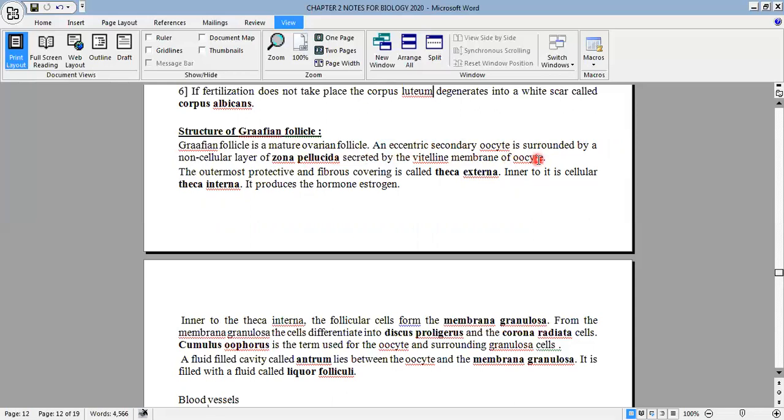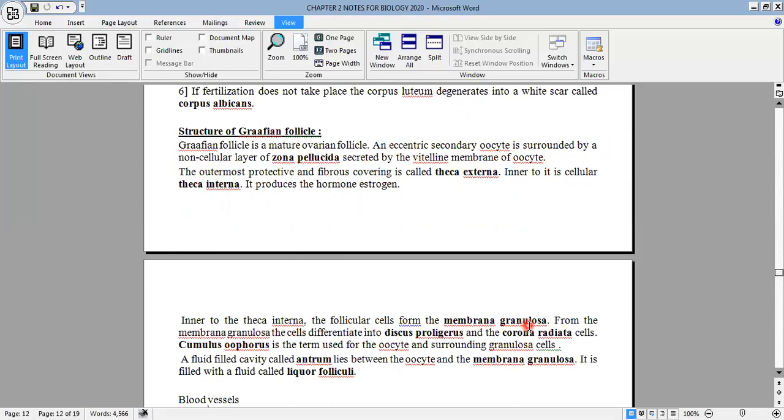So you can also say that the oocyte is surrounded by vitelline membrane, further surrounded by zona pellucida, the outermost protective and fibrous covering called theca externa. Inner to this is theca interna, and theca interna produces the hormone estrogen.